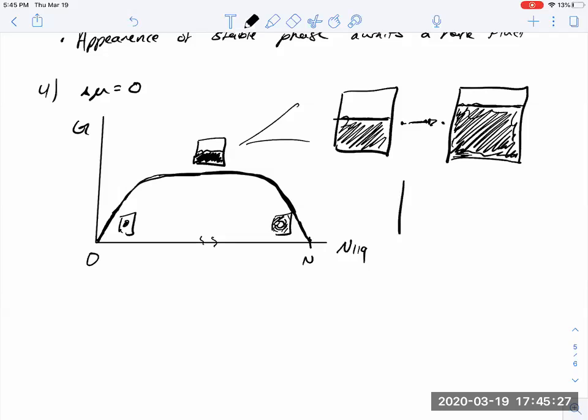So we would say that this barrier at delta G, at chemical potential difference equal to 0, is exactly given by just that surface tension times the surface area of the entire droplet, of the entire system.